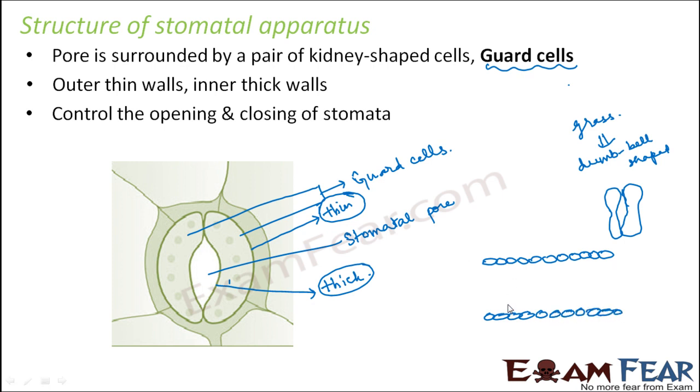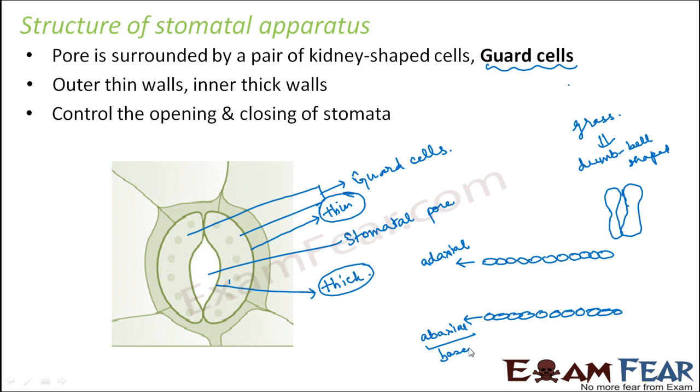So this is how it is. Now the upper layer of epidermis is known as the adaxial surface, and this is called abaxial. Abaxial is related to base. So the lower layer of epidermis is known as the abaxial surface.